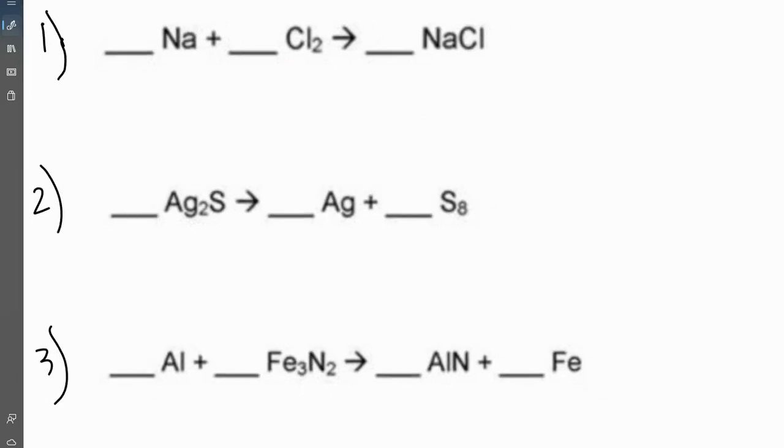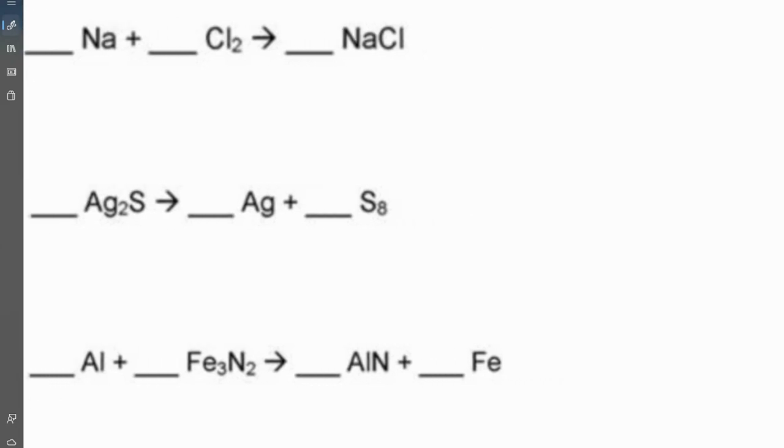The premise of it is, and you've probably heard this thrown around before, mass can neither be created nor destroyed. That's called the conservation of mass. The conservation of mass tells us that we have to start with the exact same amount of mass that we end with. So if we have one sodium atom to start, we have to have one sodium atom to end.